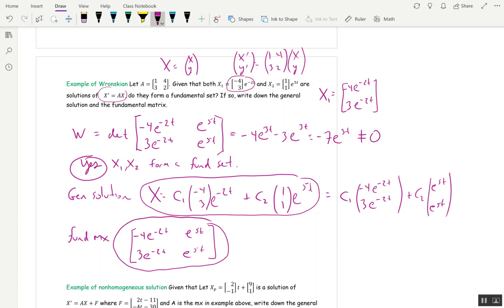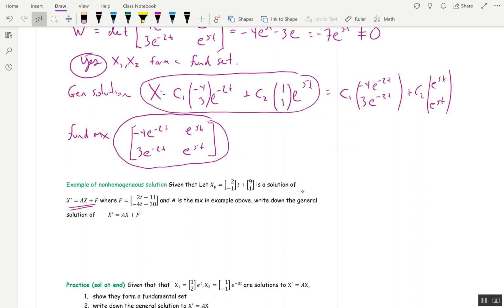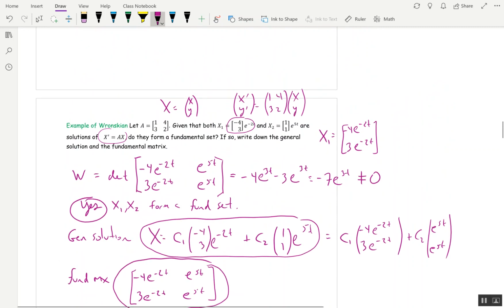Okay, and then this one's super quick. Given a particular solution of a non-homogeneous system, A is in the example above, and F is this vector, write down the general solution of the non-homogeneous. So our general solution is big X equals XP plus XC. And so how am I getting that?